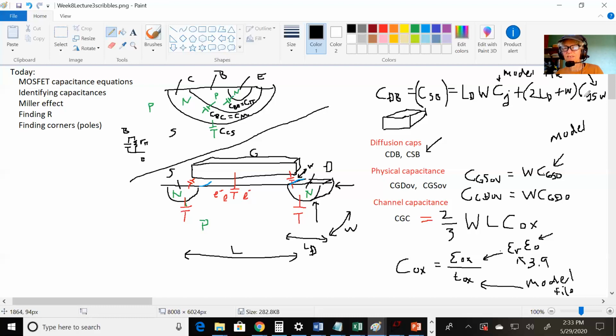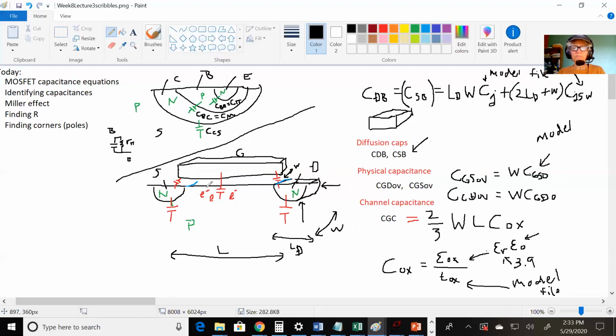Model. Yes, exactly. And so now you can find any one of these capacitances. And these are the 5 names I'll use for the capacitance for the MOSFET. Remember, there are only 3 for the BJT, but there's 5 for the MOSFET. Okay. Any questions on where in a transistor the capacitance comes from and the equations to find that capacitance?